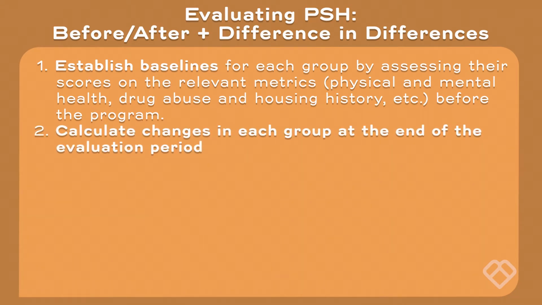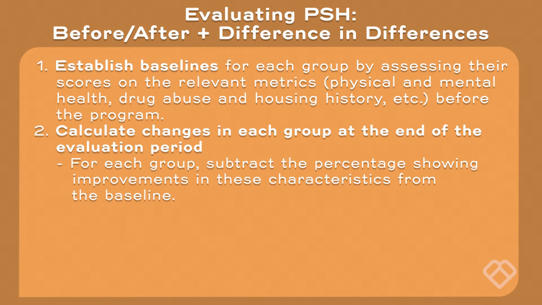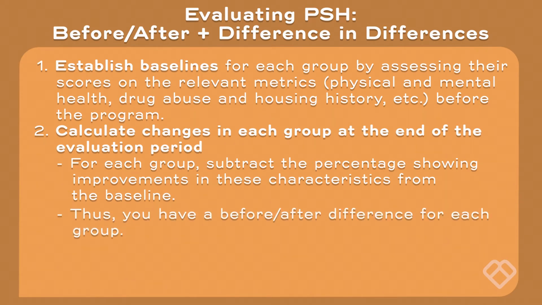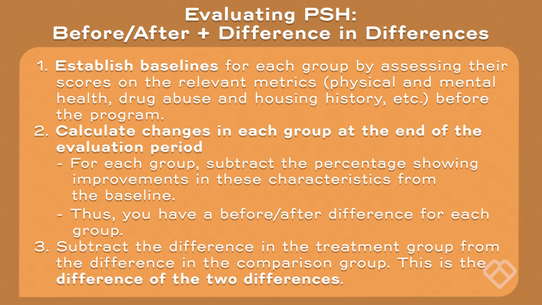Now we calculate changes in each group at the end of the evaluation period. For each of those groups, the treatment group and the comparison group, we subtract the percent showing improvements in these characteristics from the baseline. Thus, you have a before and after difference for each group. Now we subtract the difference in the treatment group from the difference in the comparison group. This is the difference of the two differences, and that's where the technique gets its name.